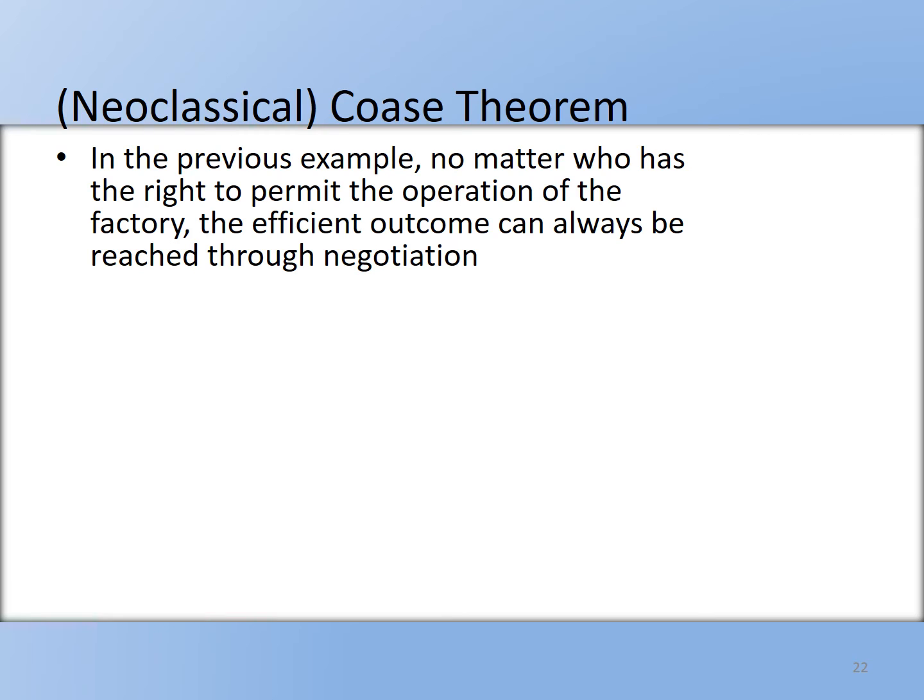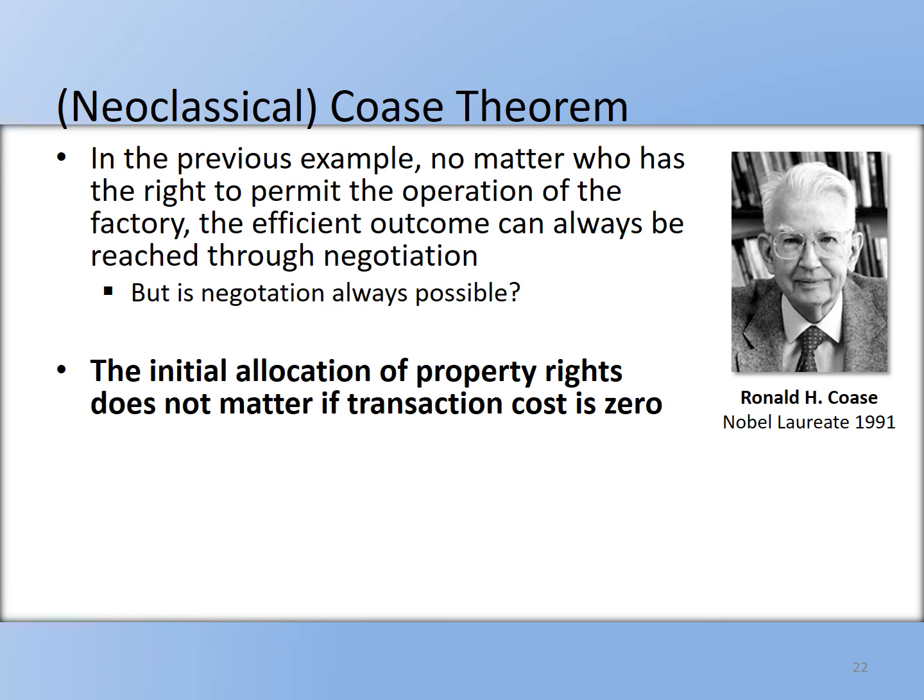So the neoclassical Coase theorem suggests that the initial allocation of property rights does not matter if transaction cost is 0. On first sight, this does not seem to relate to what we're talking about, but it's precisely what we're talking about. Property right is not necessarily about tangible stuff.